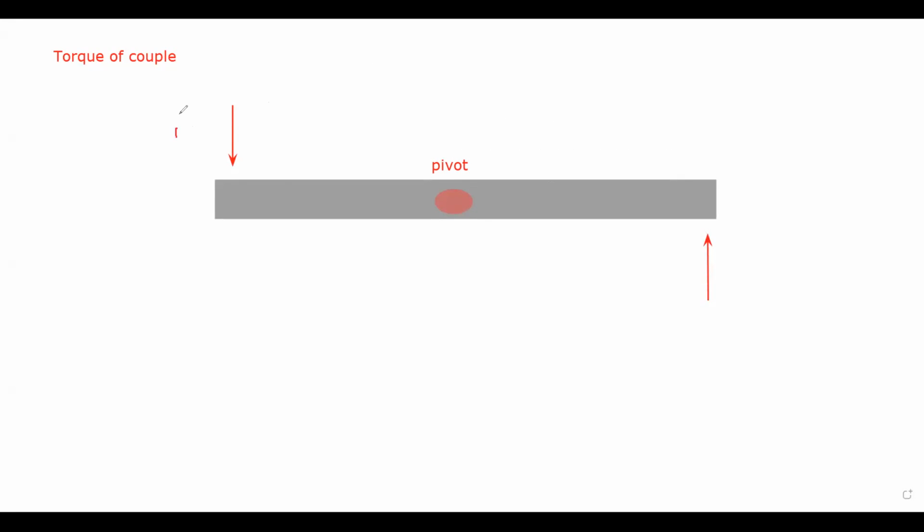So if I say this is force F and the distance from the pivot is R1, and this is also force F, the same force F, and the distance is R2. This is causing an anti-clockwise moment. This is also causing an anti-clockwise moment. The total length of the object or the distance between the forces, for example, is D. So D is actually a sum of R1 and R2.